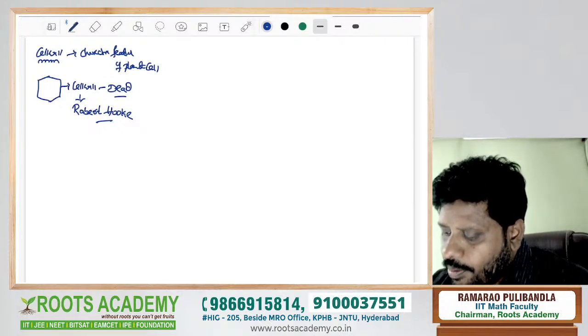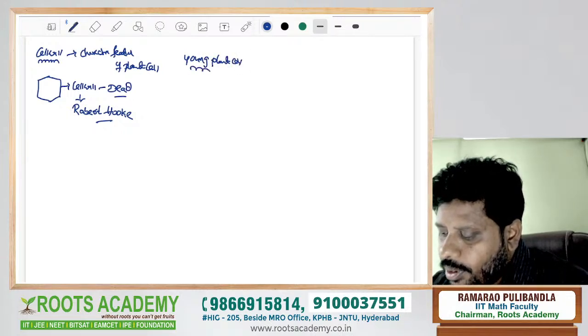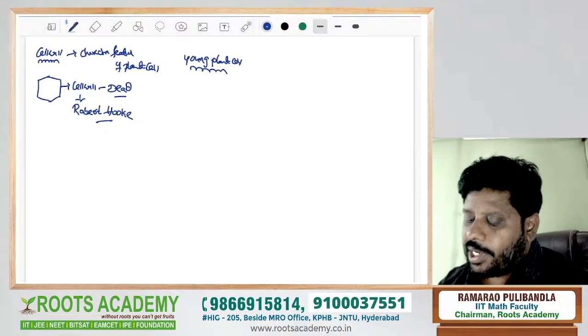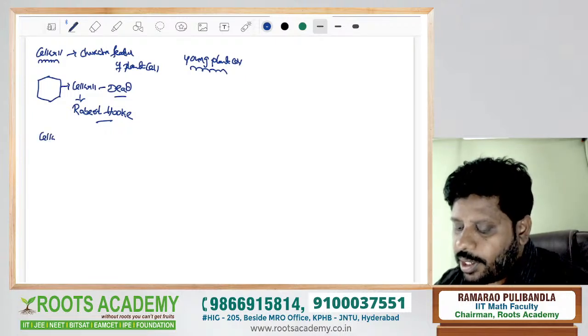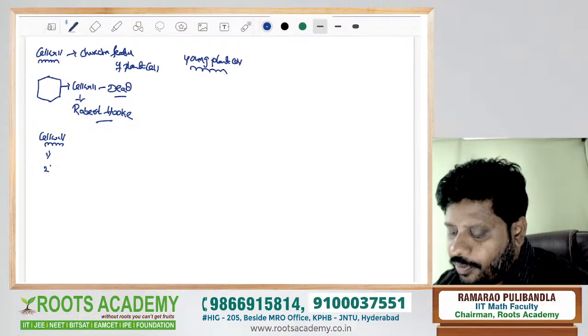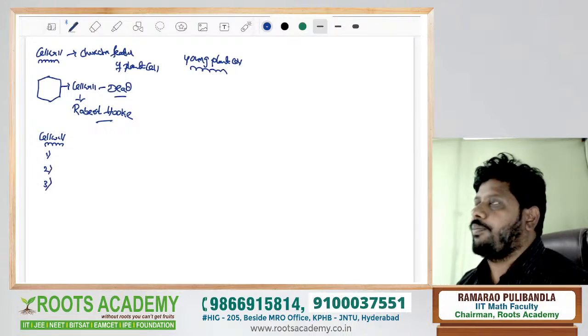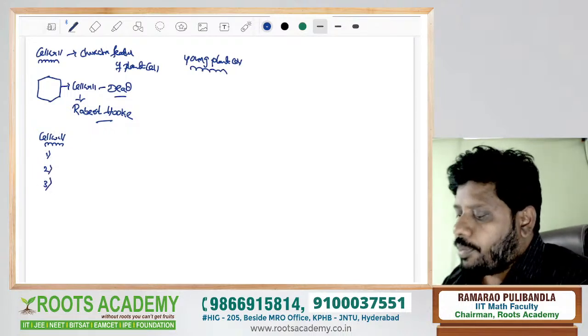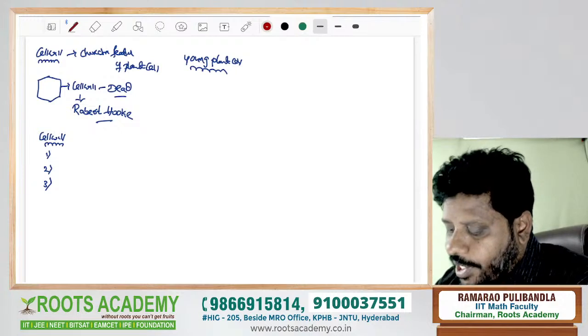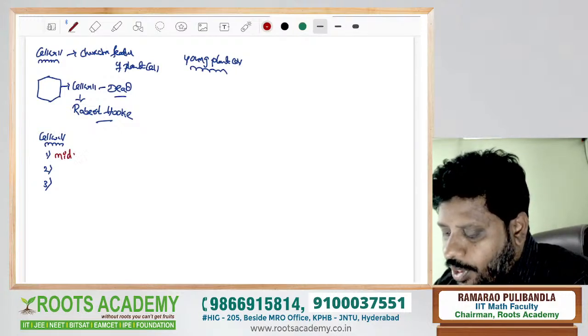Cell wall is living or non-living? It is the dead one, non-living one. Generally, cell wall is made up of how many layers? 3 layers. First one is the middle lamella.